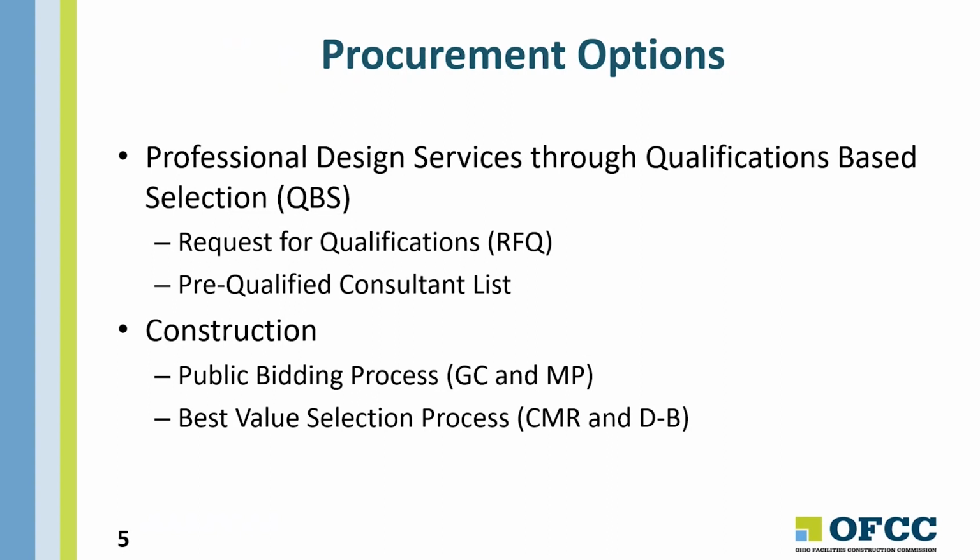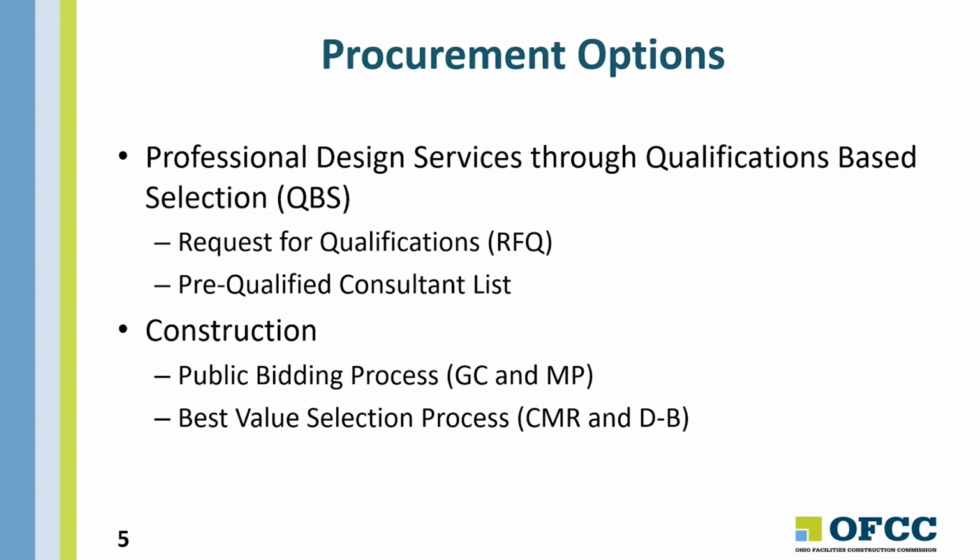That kind of short circuits the QBS process and allows you to perform some of those functions in advance of when a project is identified, and then complete those activities once you have a project for that consultant to work on. You ask them for a fee and technical proposal and get moving on the project.